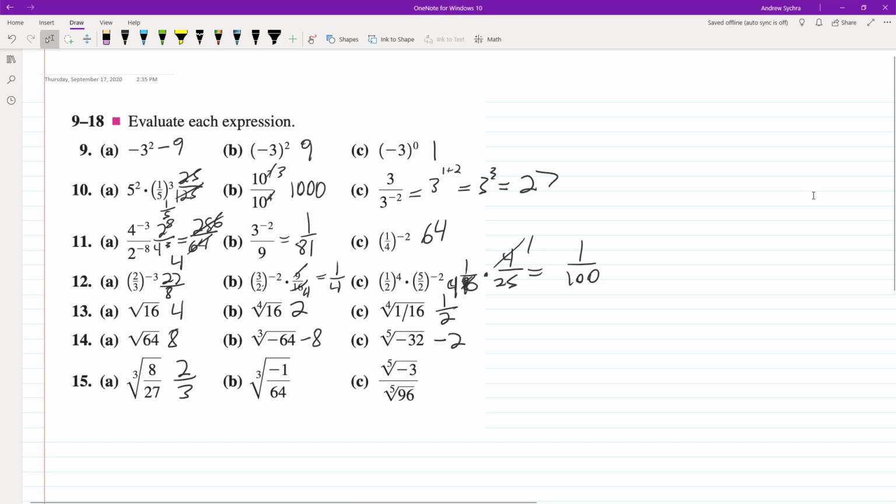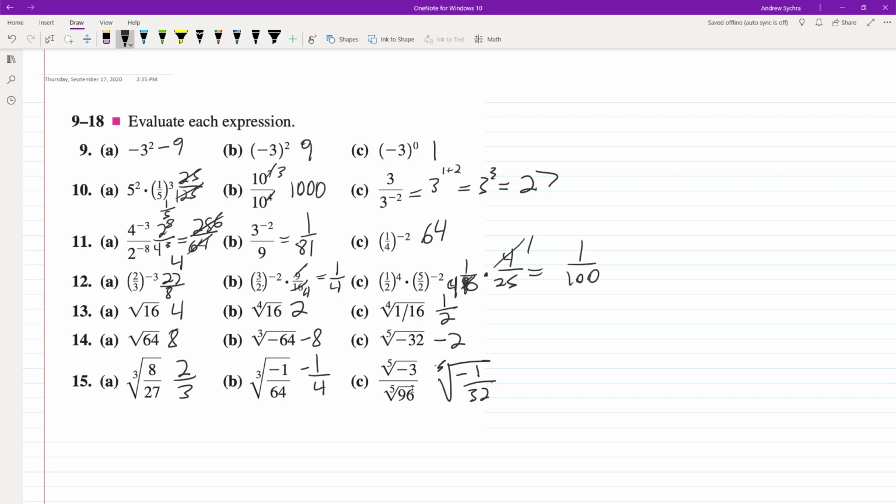2 over 3, because it's the cube root of each of those, 2 and then 3. This is equal to negative 1 over 4. A little trick here, we can rewrite this as the fifth root, and then negative 3, 96, same thing as negative 1 over 32.